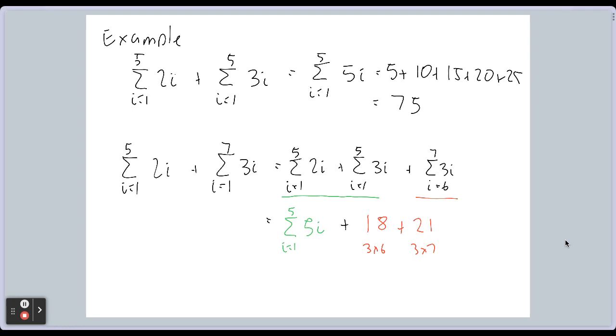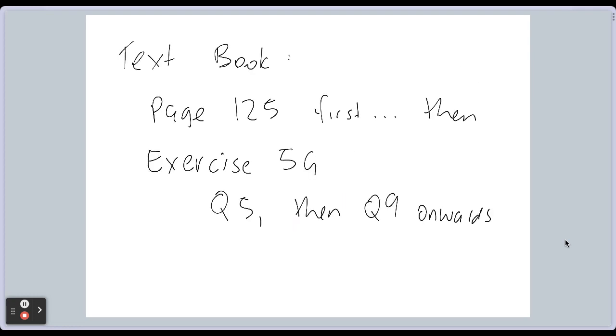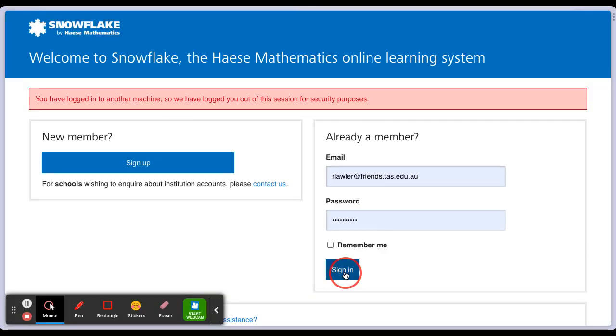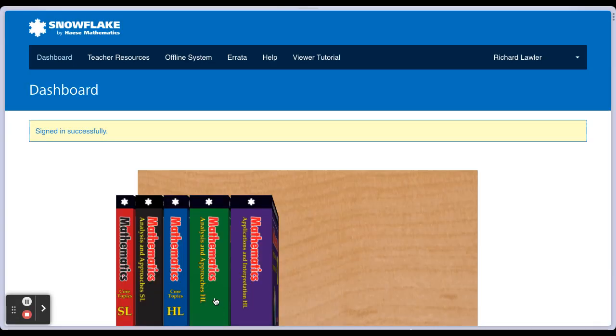Okay, so let's have a look at the textbook. Page 125 summarizes this.